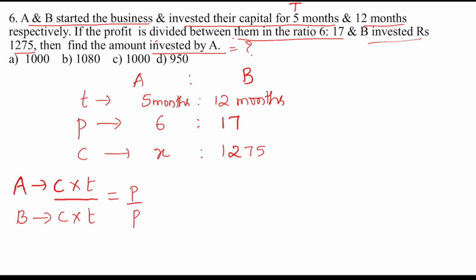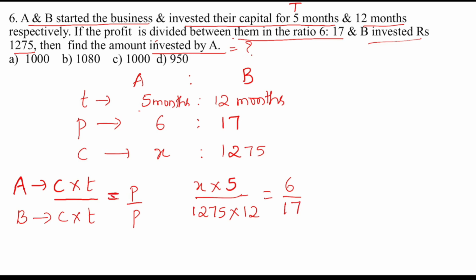Now, capital of A is, we don't know, it is X, into time is 5 months. So, it is 5X divided by capital of B is 1275 into time is 12 months, which is equal to A's profit is 6 parts and B's profit is 17 parts. Okay.